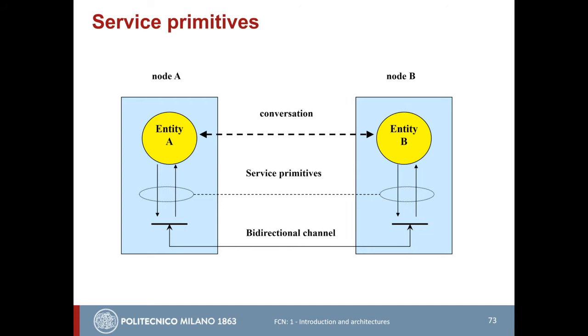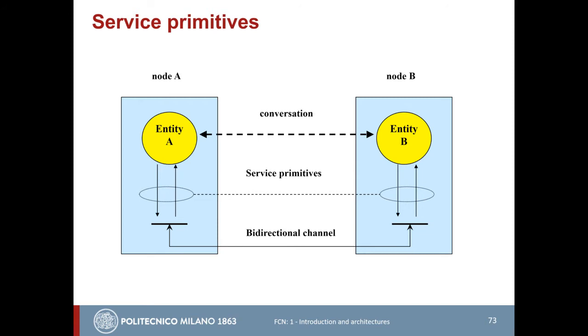So if we want to visualize this concept, you have the two entities that want to set up a conversation in order to exchange information. They have to interact with the other components of the system that are below them, centrally below. And this interaction is by the service primitives.